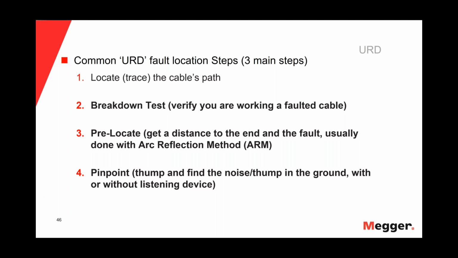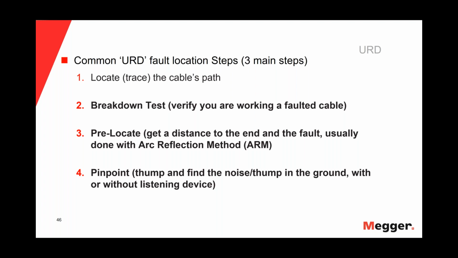Once we've got the fault distance, then we're going to move to the pinpoint stage. And this is where we turn the thumper on in the cycle mode, and it's going to repetitively thump or make noise in the ground. And sometimes we can simply walk out the distance down the cable path and we can clearly hear the fault thumping in the ground.